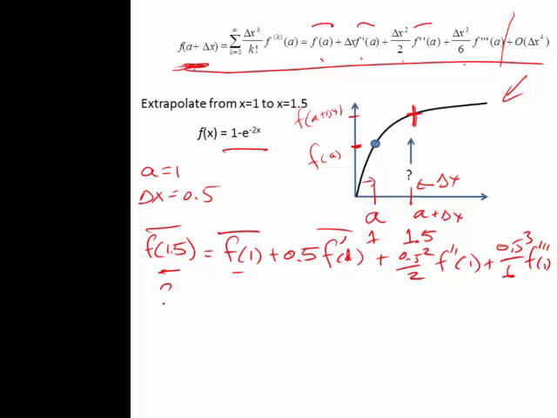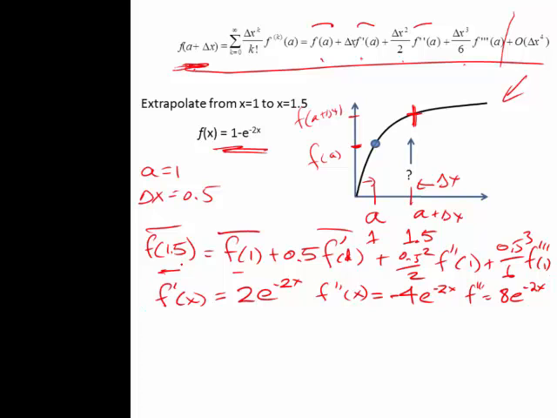f prime of x is simply the first derivative, and since we're given f, we just take the derivative, and it's going to be 2e to the minus 2x. The second derivative is equal to minus 4e to the minus 2x, and the third derivative will be 8e to the minus 2x.